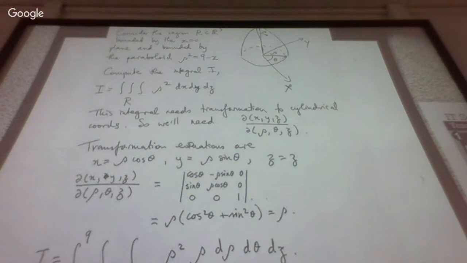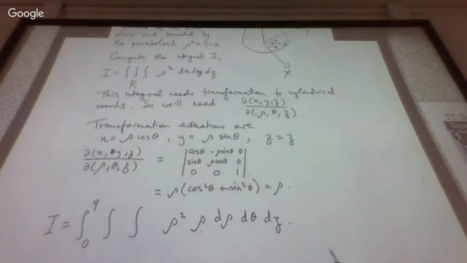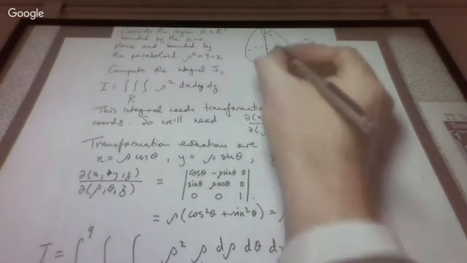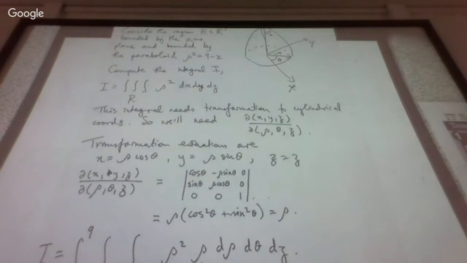Then we step into the next integral. Now, the outer z integral supplies a z value to the two inner integrals. So for the theta integral, we'll imagine that we've got a typical value of z in the range 0 to 9, so we're at a typical height.